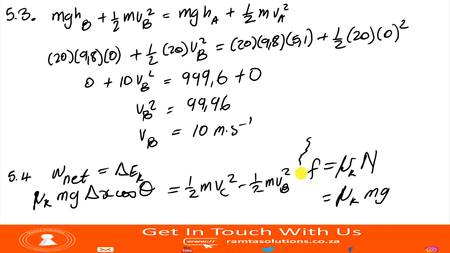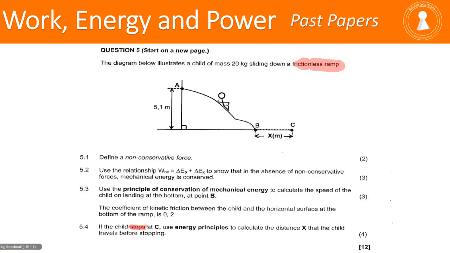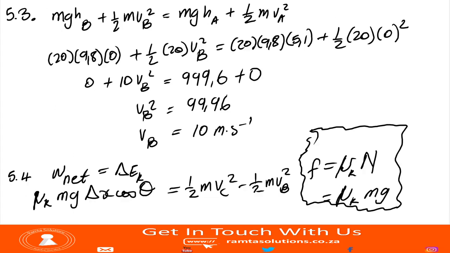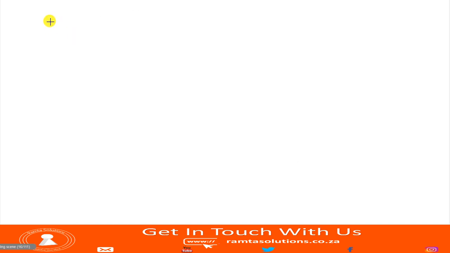So we know the coefficient of kinetic friction. Let's go back. It was 0.2.